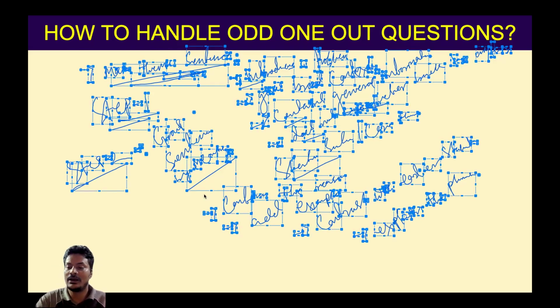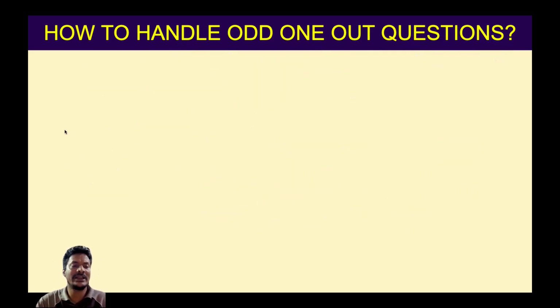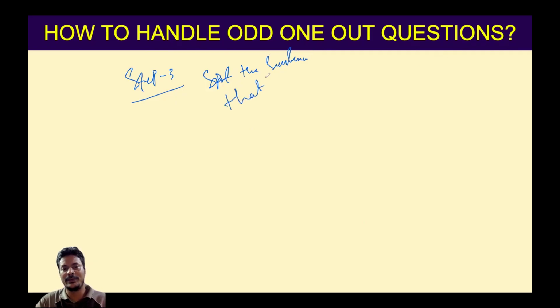Moving to the next one, step three. Step three is to spot the sentence that drifts away. What do we mean by that?